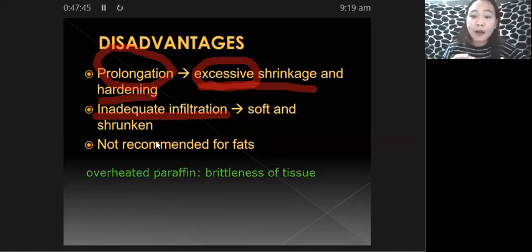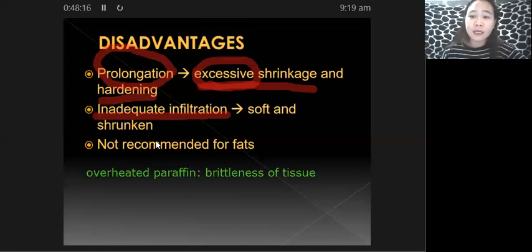Okay? Remember, during the process of infiltration, what do you want your wax to do? Your wax should infiltrate. Okay? And after infiltration, it should harden inside the spaces of your tissue sample so that the normal morphology of your tissue sample will be observable under the microscope.